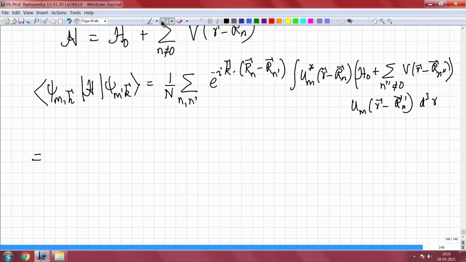Right now I am only computing the numerator, and I will compute the denominator later, which is very trivial once you compute the numerator.